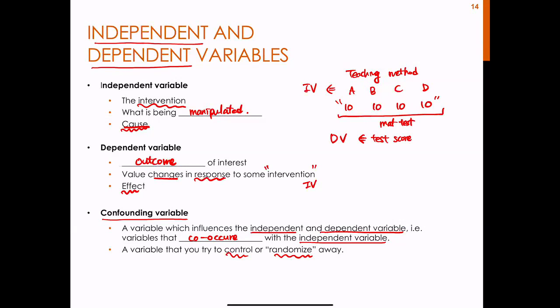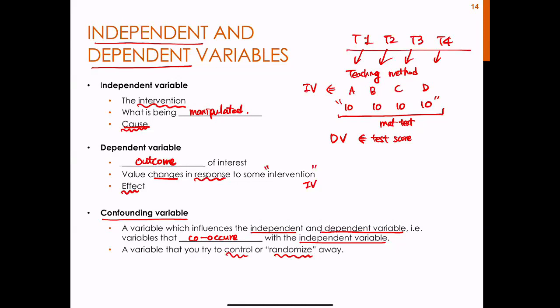But if we assume that for each teaching method, we just assign different teachers, teacher 1, 2, 3, and 4, in this case, it is really hard to know the difference from different teaching methods or different teachers, right?